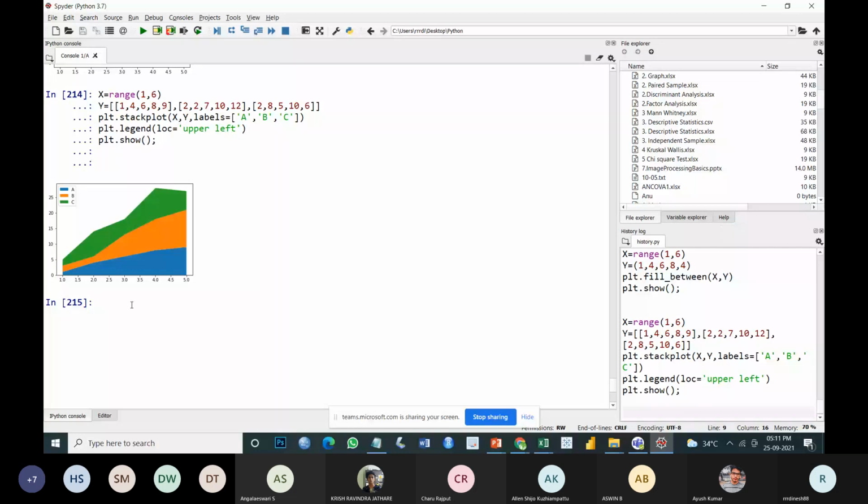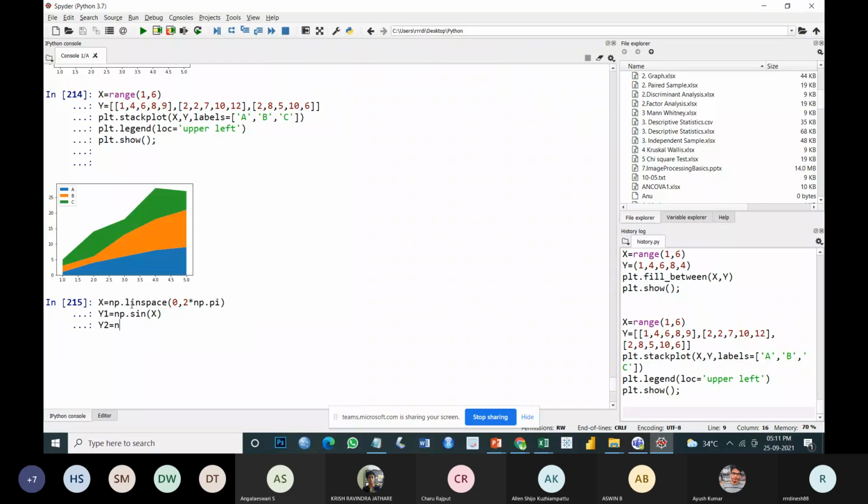For example, x equal to np.linspace of 0 comma 2 times np.pi. y1 equal to np.sin of x.